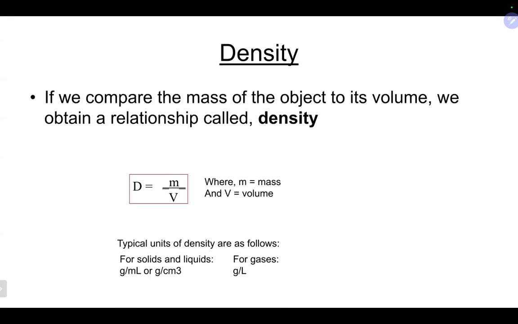Common units of density are grams per milliliter or grams per cubic centimeter. For liquids and solids, we don't really get too much into it in here, but for gases, a lot of times density is given in grams per liter.